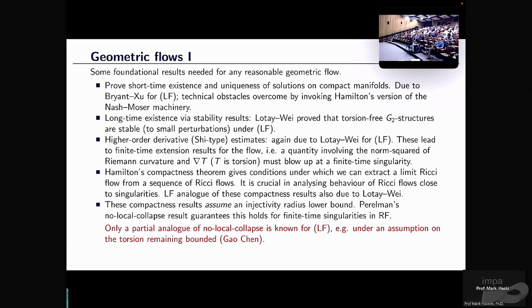Clearly that sort of thing doesn't always hold in Ricci flow. If you have a shrinking sphere, then its scalar curvature is not staying bounded. So it's not clear that this is a reasonable assumption to always make, but it's the best that we know at the moment. Okay.